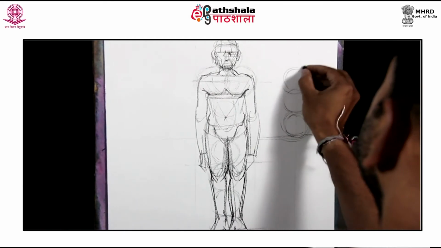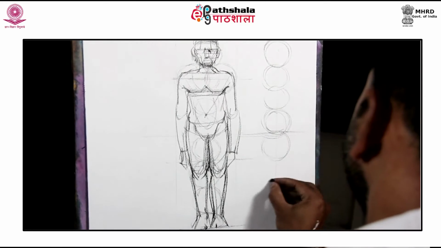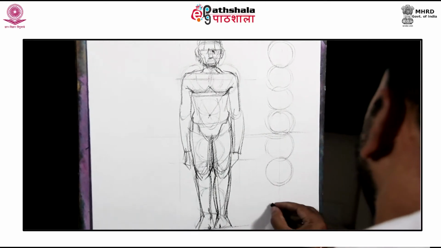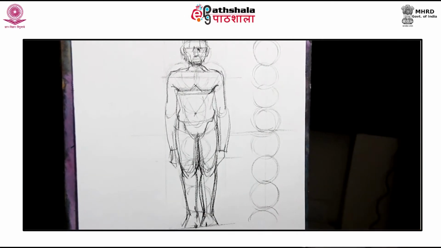Again draw 7.5 heads and 2 heads for chest and shoulders, dividing it with half a head as the neck, then sloping down to the collar line.